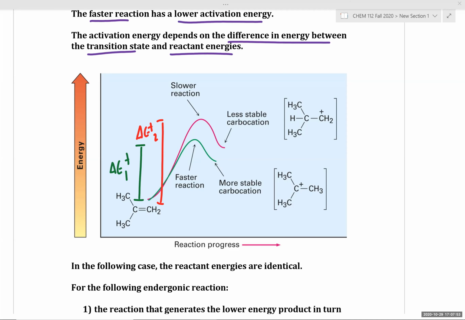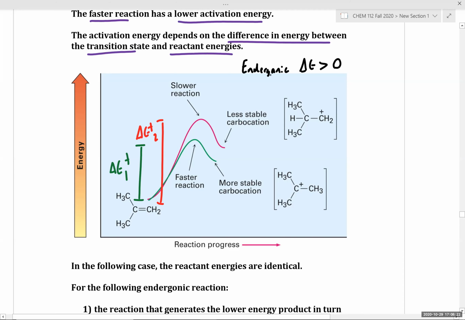And don't be shy to share your responses in the chat or verbally. So we have students proposing that it is endergonic. That's exactly right. This first step is endergonic because our overall Gibbs energy change for this first step is greater than 0. Okay, so this is an endergonic step.